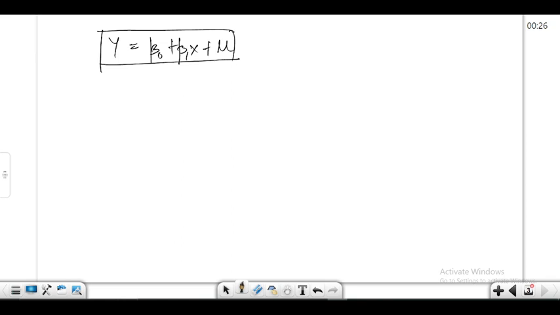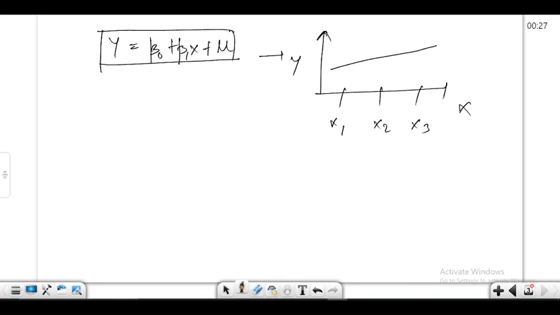If I have to show you the model graphically, this is your y, this is your x. I have different values of x: x1, x2, x3.